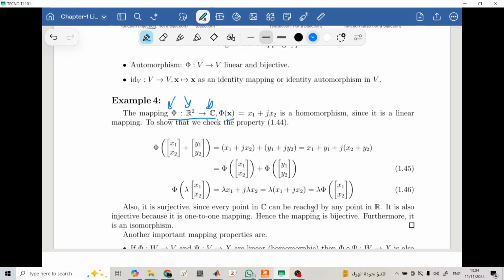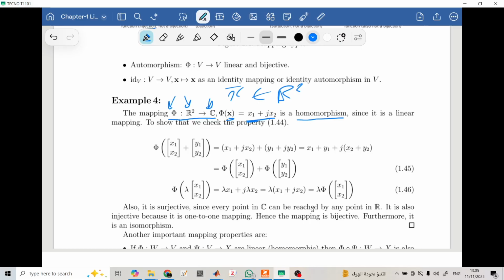So phi of x, where x belongs to R squared, of course, is taken from R squared to the complex numbers. So now the vector x becomes a complex number. This is a homomorphism. It's a linear mapping. Okay, how is it linear? We can check the two properties, additivity and homogeneity.